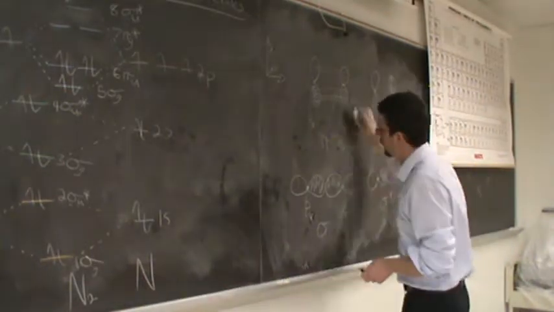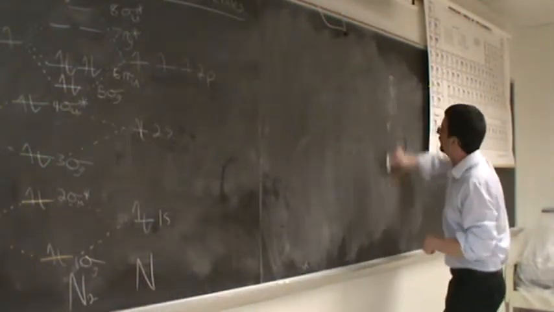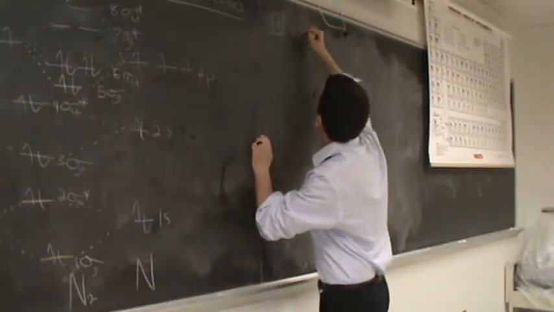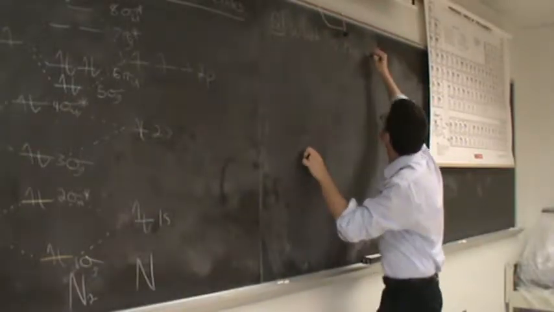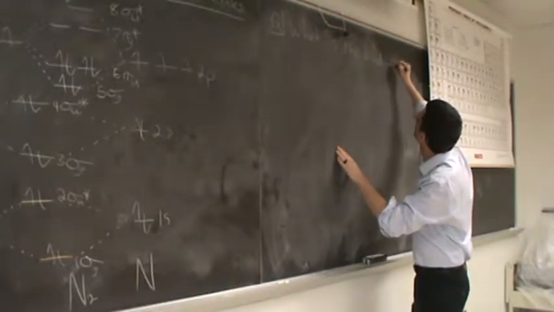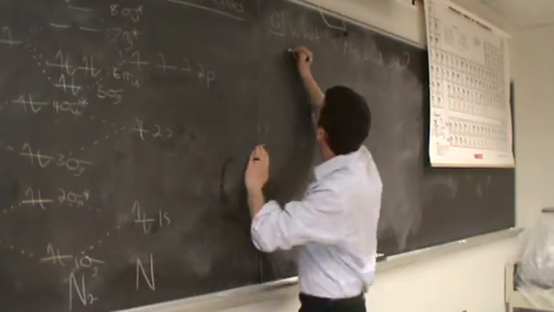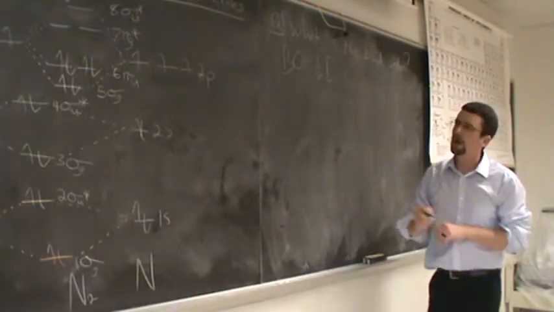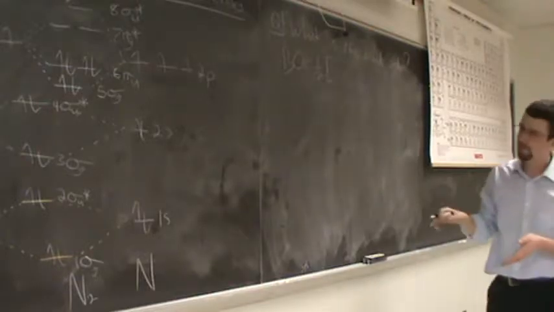So we'll ask the question. What is the bond order? How many electrons do we have in bonding orbitals? 10.